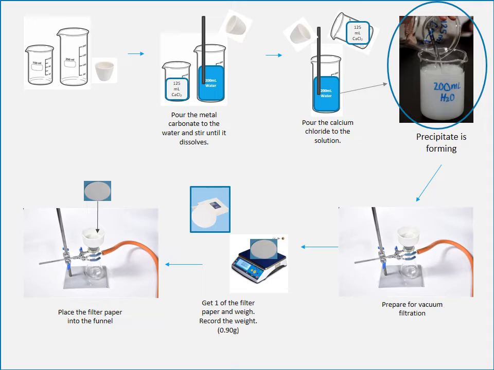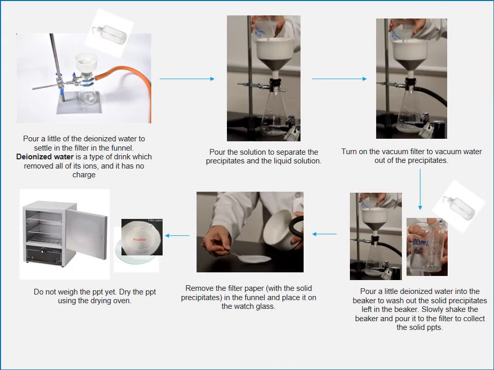After which we are going to place our filter paper in the mouth of our funnel. After placing the filter paper into the funnel, we are going to add a little deionized water to settle the filter into the funnel. Deionized water is water which has had all of its ions removed, and it has no charge.